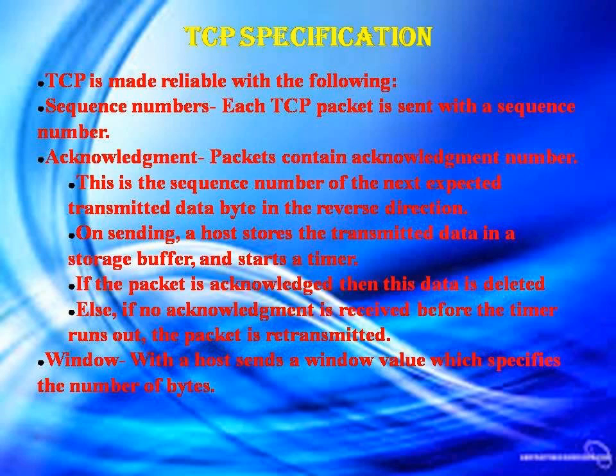On sending, a host stores the transmitted data in a storage buffer and starts a timer. If the packet is acknowledged, then this data is deleted. Else, if no acknowledgement is received before the timer runs out, the packet is retransmitted. Window: the host sends a window value which specifies the number of bytes.